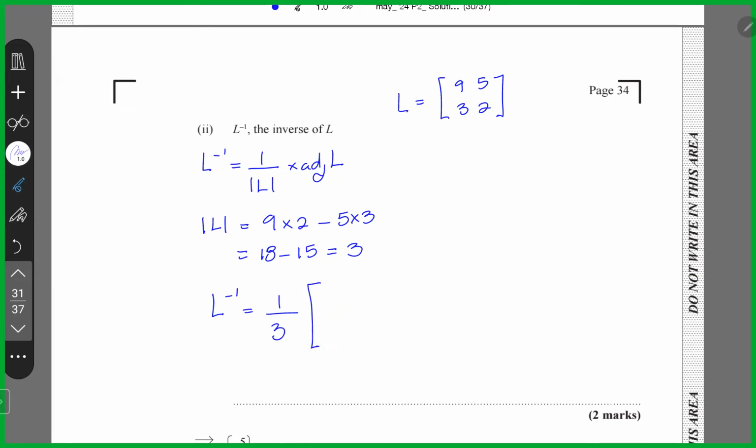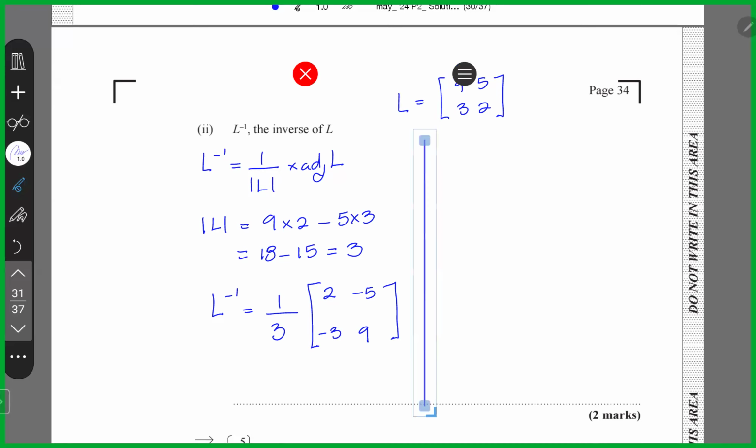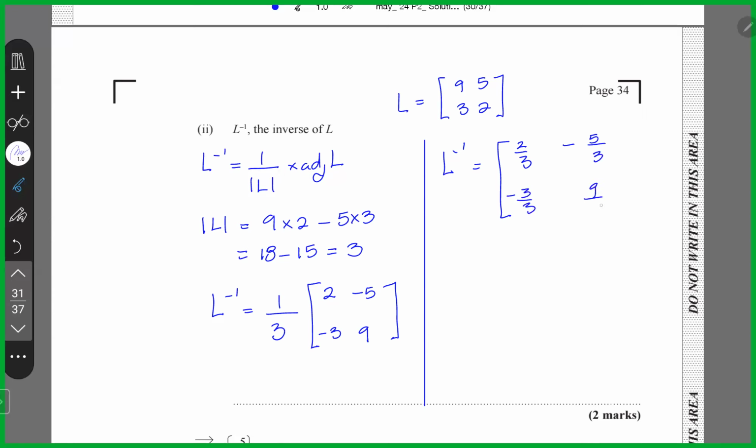And so L inverse is 1 over 3 adjoint L. We're going to interchange the 9 and the 2. So 2 goes up here, 9 comes down here. The 5 and the 3 stay where they are, but their signs change to negative. And so L inverse is 2 over 3, minus 5 over 3, minus 3 over 3, 9 over 3.